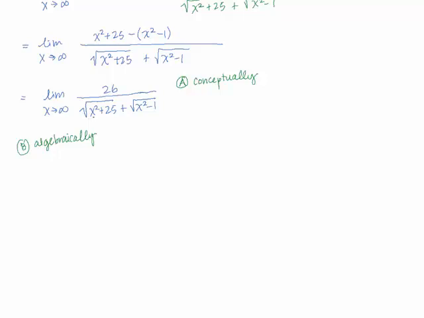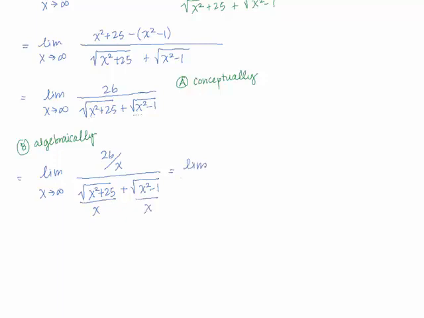And downstairs in the denominator we have the square root of x squared, or 1x essentially. So let's take that and divide everything by x. Square root of x squared plus 25 plus the square root of x squared minus 1 divided by x and divided by x.